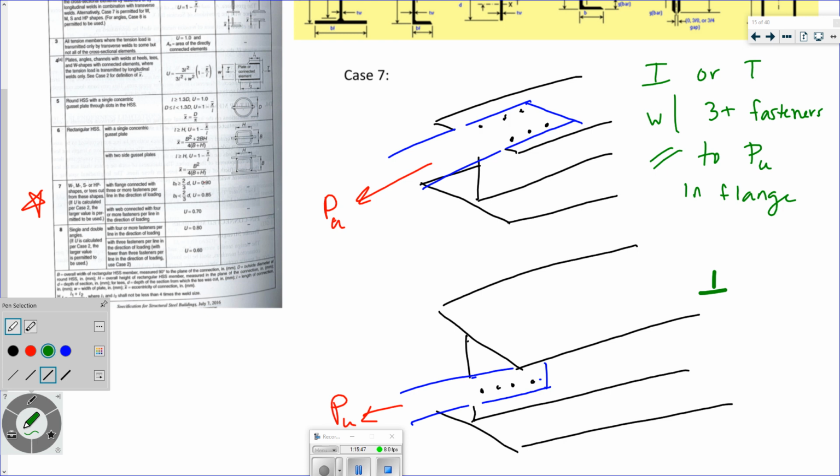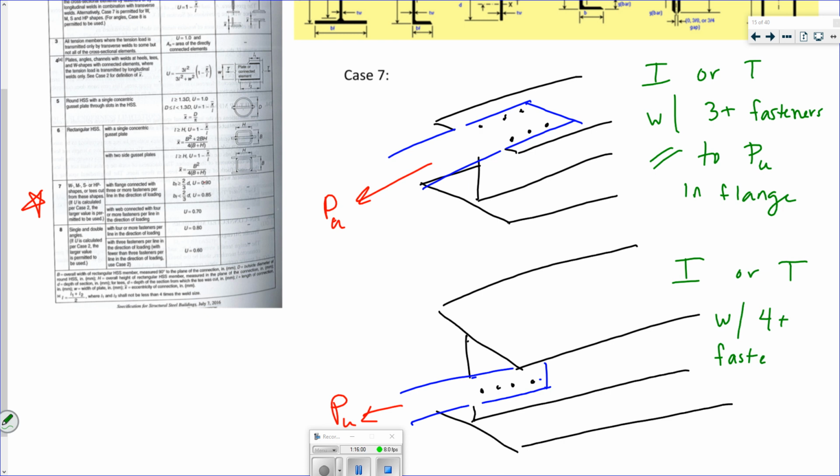Again, I or T with 4 plus fasteners parallel to the load, this time in the web.